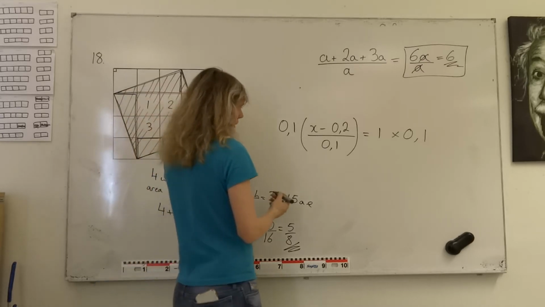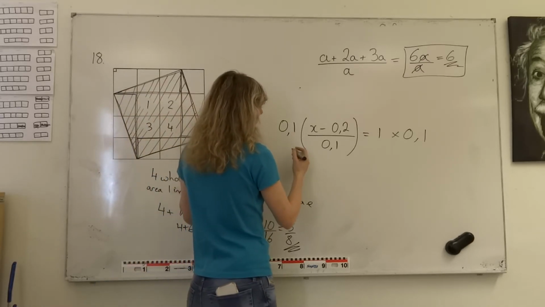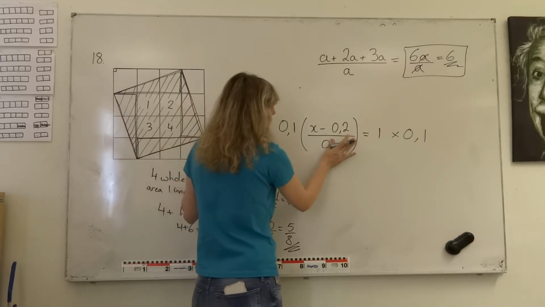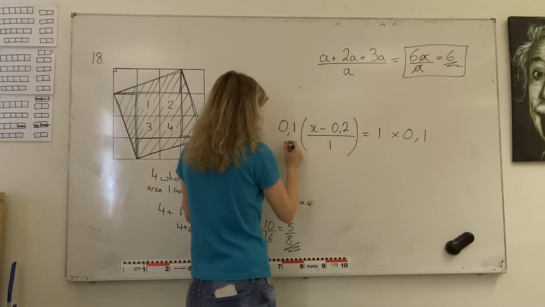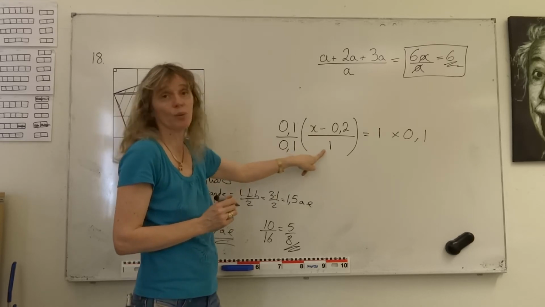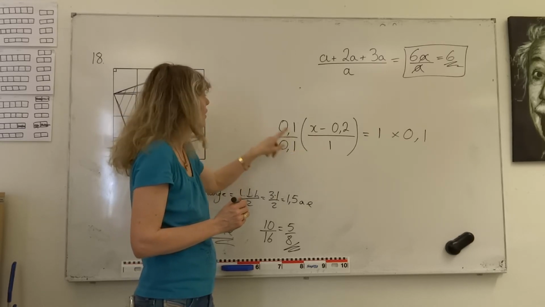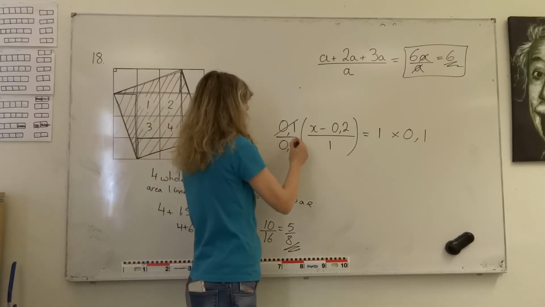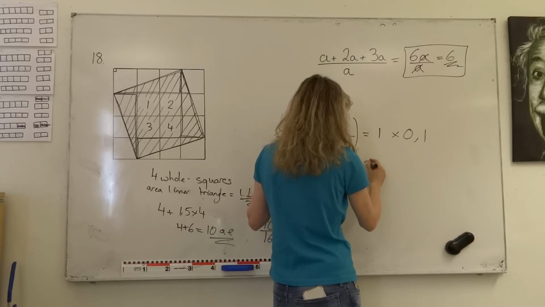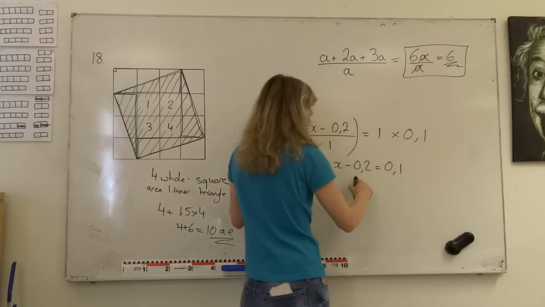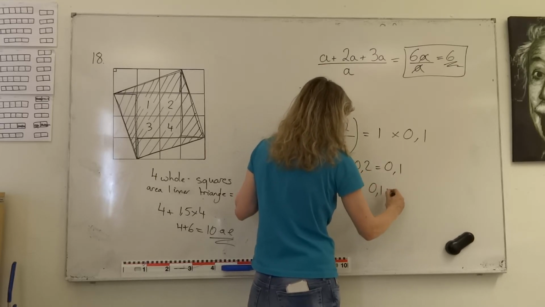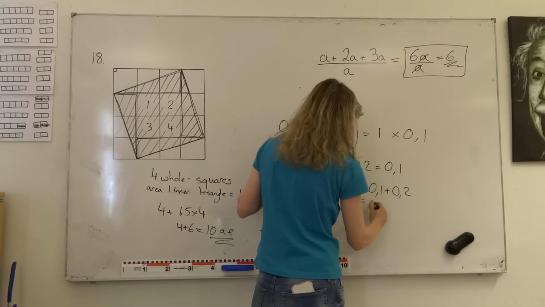Then we could actually take the 0.1 outside of the front of the brackets as well. 0.1 times 1 is the same as 0.1. We now have 0.1 divided by 0.1, which cancels. We have x minus 0.2 equals 0.1. Move the 0.2 to the other side, it becomes plus 0.2. So x equals 0.1 plus 0.2, which equals 0.3.